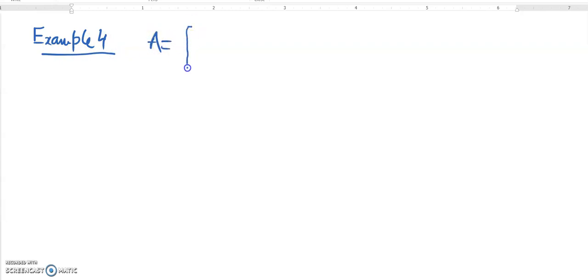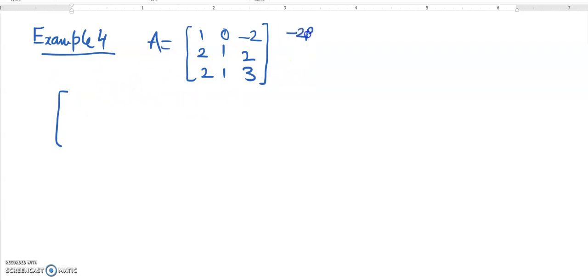We have this matrix 1 2 2, 0 1 1 and minus 2 2 3. So whether the columns of this matrix are linearly independent or not. We have done it many times before. Apply the row operation.